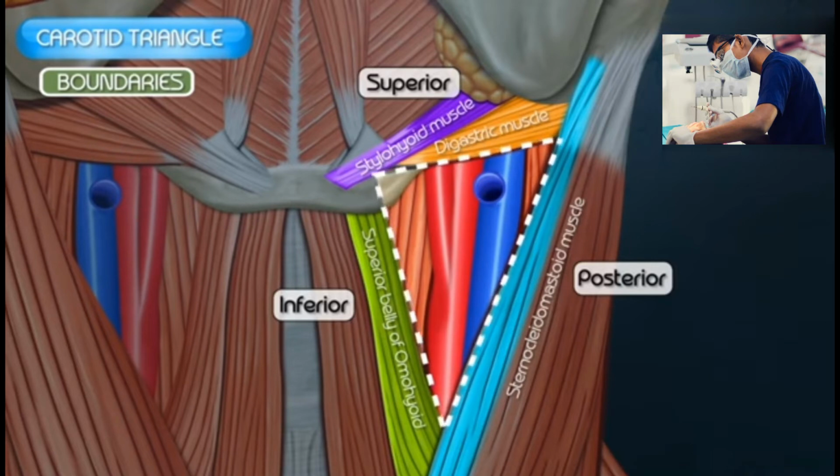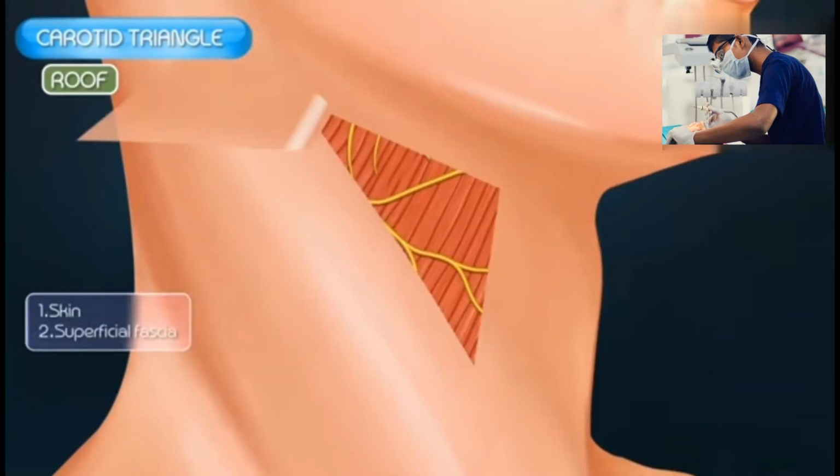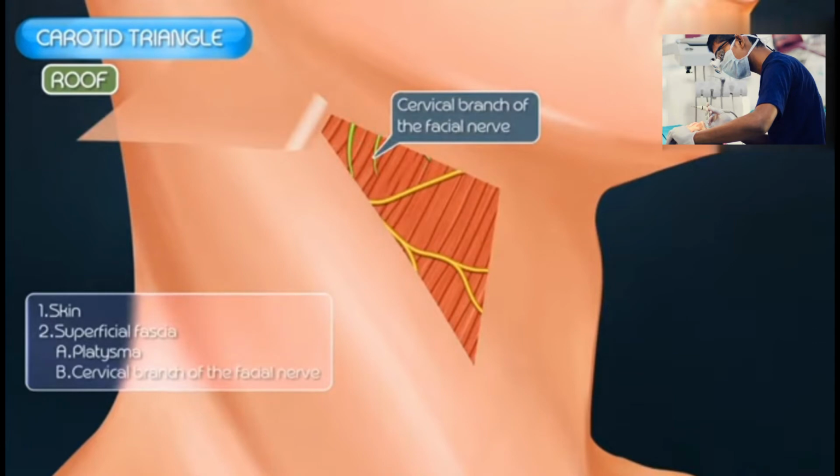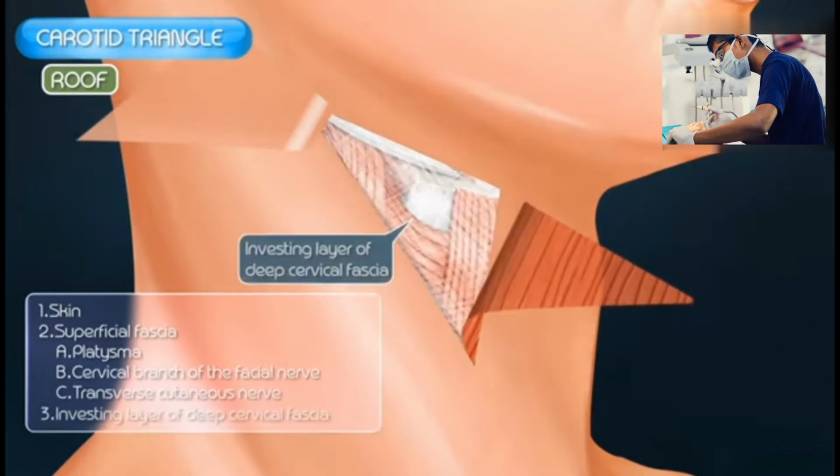The roof of the carotid triangle is formed by the skin, superficial fascia containing the platysma and cervical branch of the facial nerve and transverse cutaneous nerve of the neck, and also the investing layer of the deep cervical fascia.